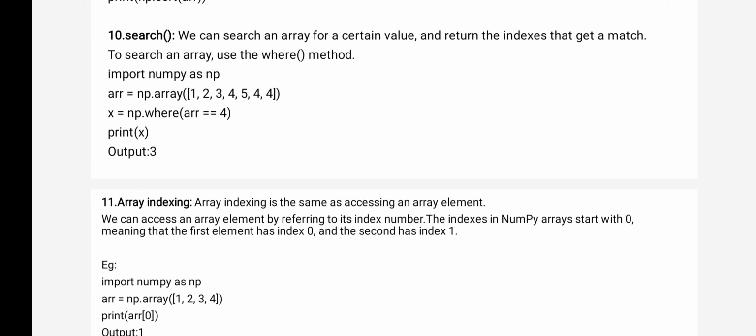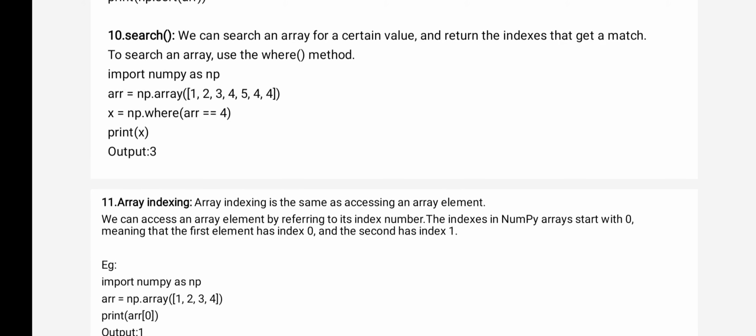Where arr equals 4 means I want to search whether the element 4 is there in the list or not. If it is there, it will display the position. In the output you can see 3, so that is the third position. Array element positions start from 0, 1, 2, 3. So the position is displayed.